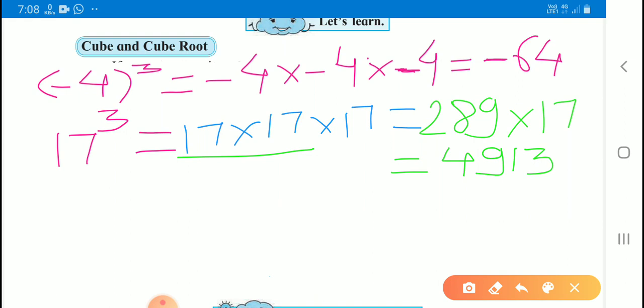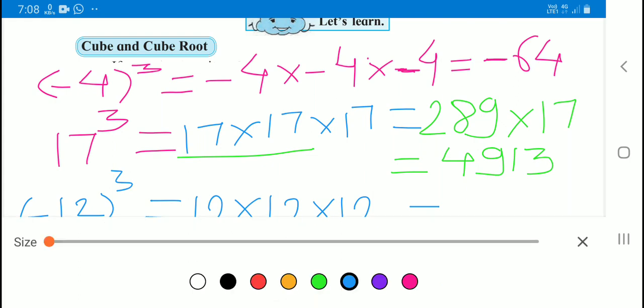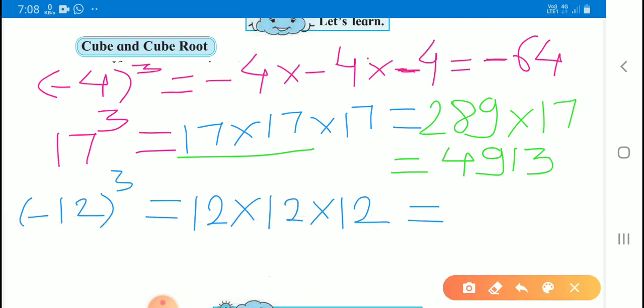Okay, one more example we will see here. So I will take the number negative 12 cube. So how to solve? Look here, 12 into 12 into 12. Sorry, here I forgot to write the negative sign. I will show the negative sign in another color. So here minus minus minus, 3 times minus, so minus.